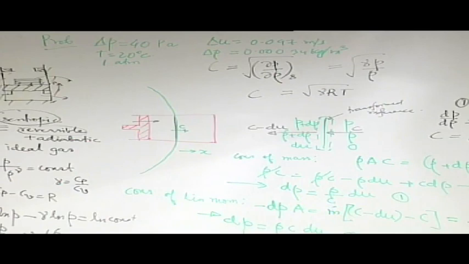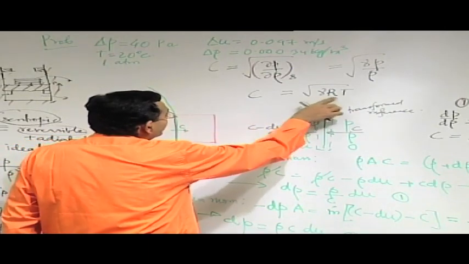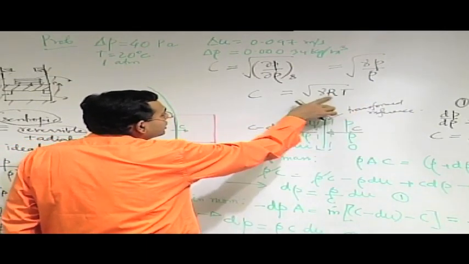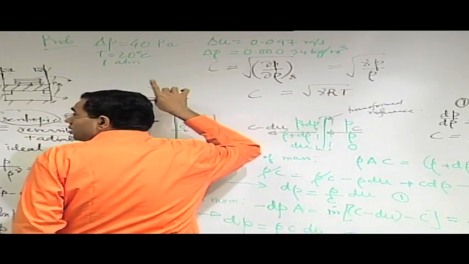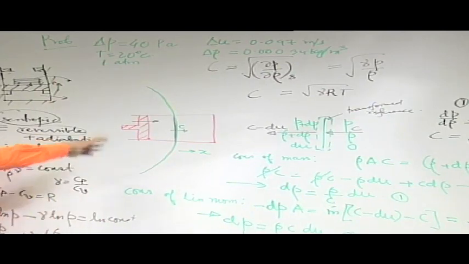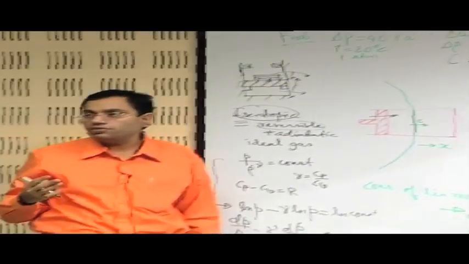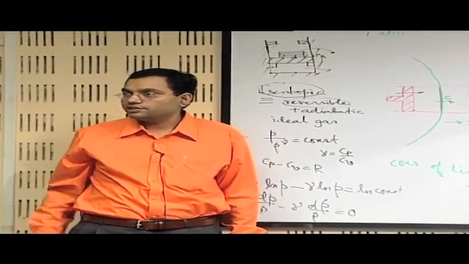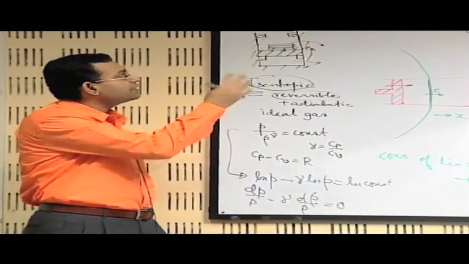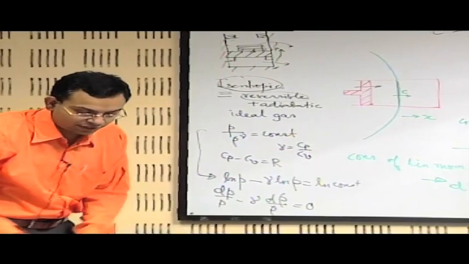For this expression you assume R as 287, and temperature, remember, should be absolute temperature, so not 20 plus 273 casually, because all calculations here where second law of thermodynamics is involved will require absolute temperatures. That is the only place where you have to be careful, otherwise it is a straightforward use of the formula that we have derived.